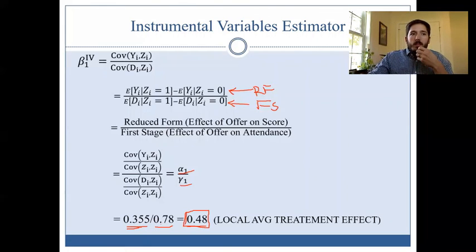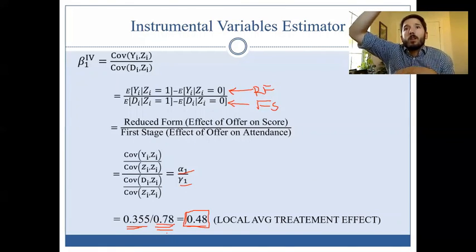And that's what dividing by 0.78 is doing. We're taking that into account and saying, okay, if test scores went up this much, but not everybody actually ended up going, we have to account for that. So they actually went up by more for the people who actually ended up going.